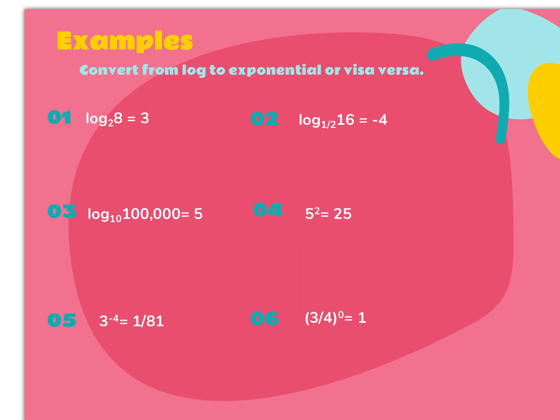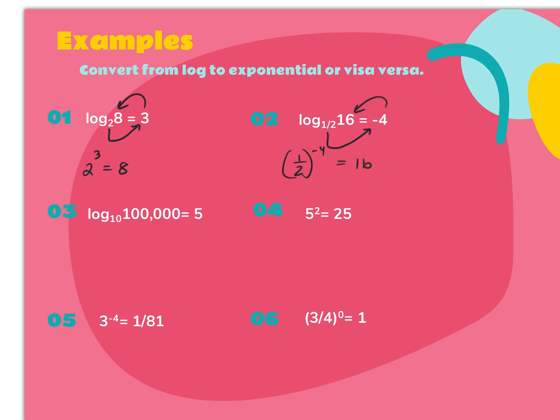So here, the first 3 questions I'm given in logarithmic form, and I have to convert to exponential. Remember that little curve I told you? The base to the exponent equals the solution. So 2 to the third power equals 8. I find this to be the easiest one to do. So this is a base of a half to the negative 4 power equals 16.